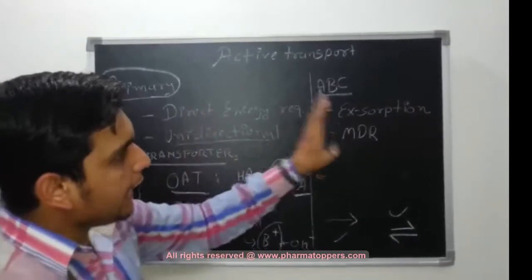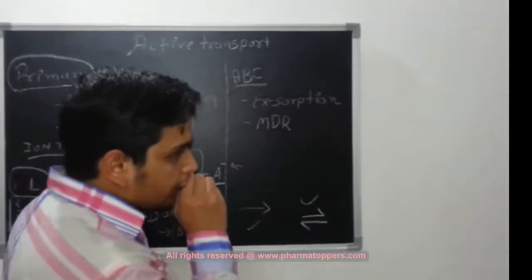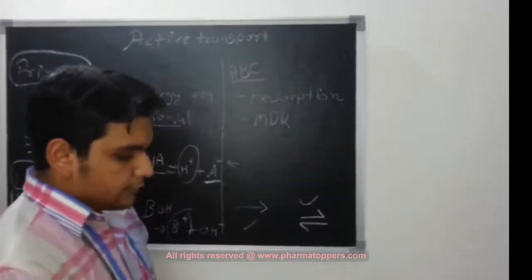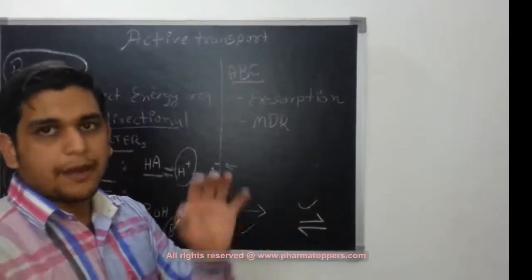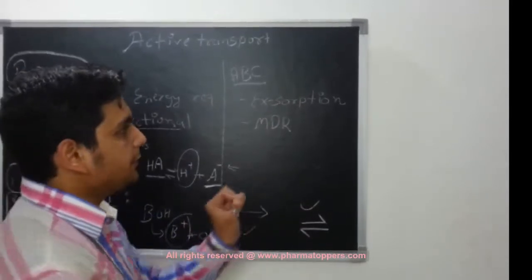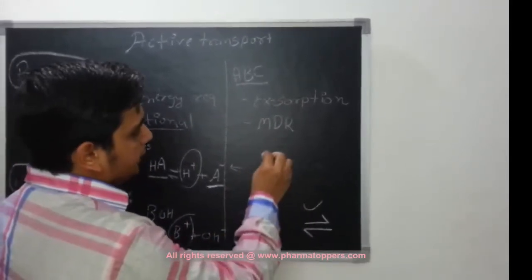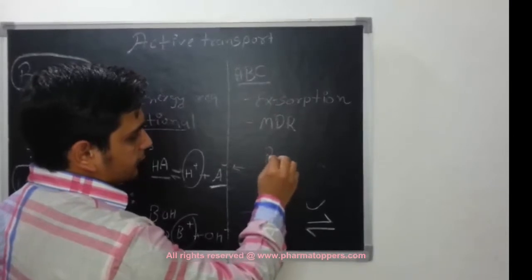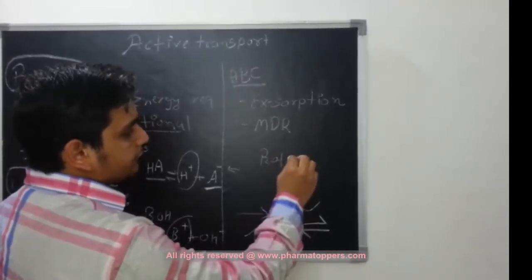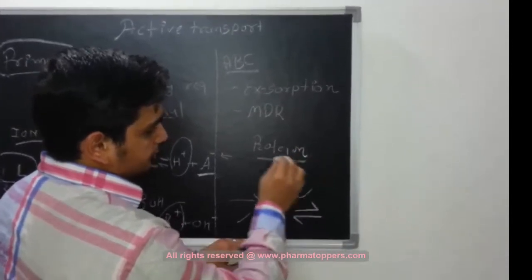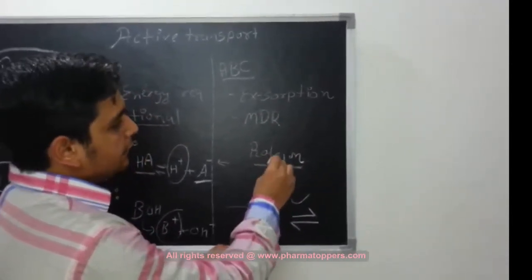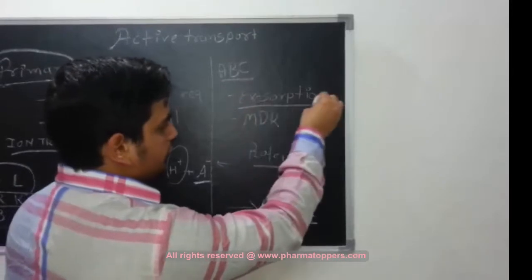Now we go to the ATP binding cassettes. What are the ATP binding cassettes? These are part of the membrane in which a particular protein is present, and this protein, by means of energy, causes the efflux of the drug.